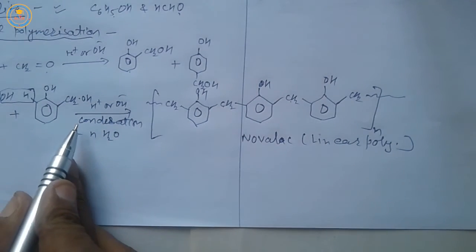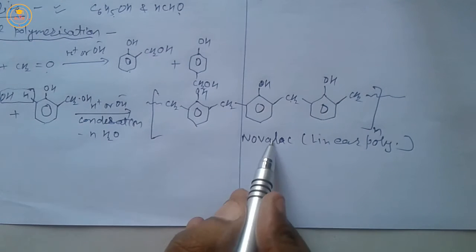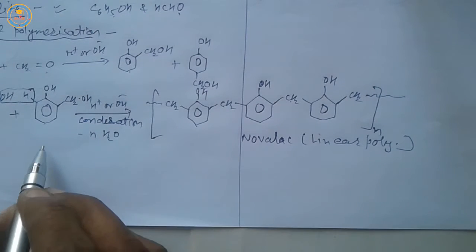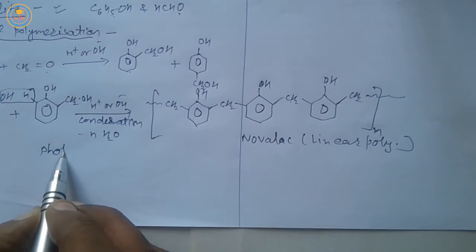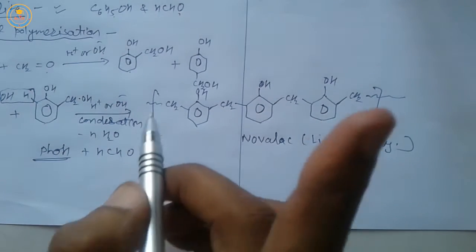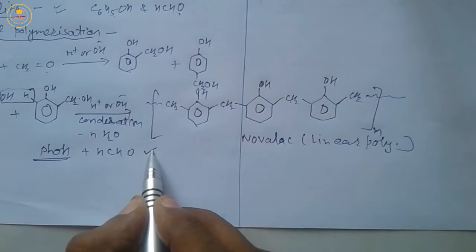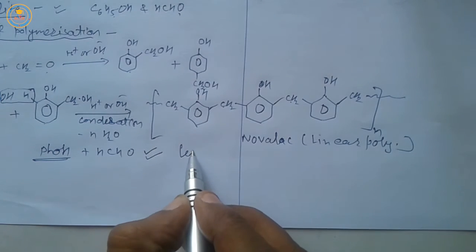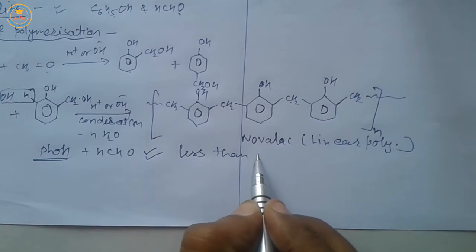During the formation of Novolac, the ratio of phenol to formaldehyde is less than 1. Very important.